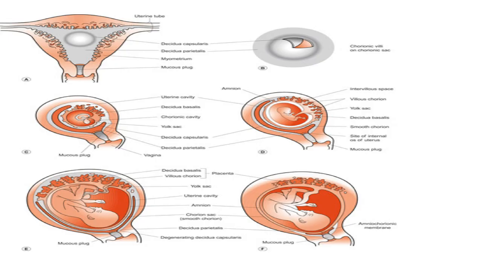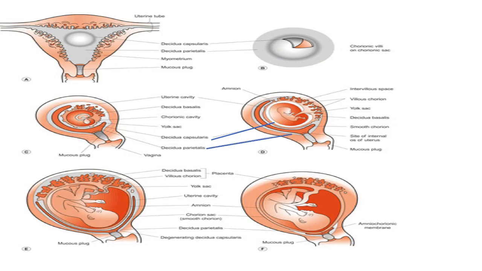So if we check from diagram C, D, E, and F, this layer is referred to as, so the white area outside the embryo here, sorry, the gray area, not the white. This arrow is pointing to the gray area. That is decidual capsularis because it's encapsulating the embryo.